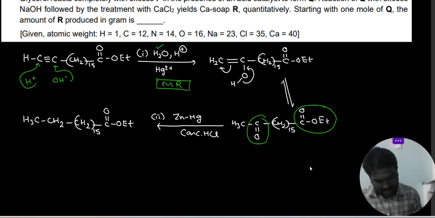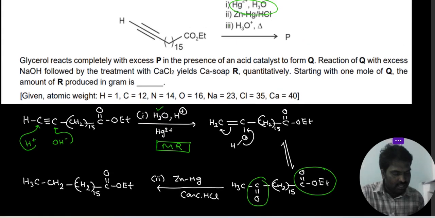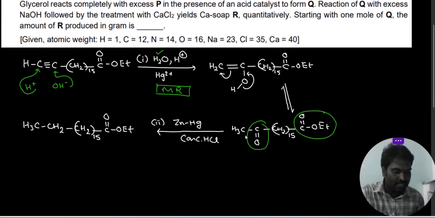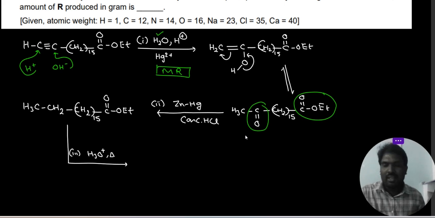This is Clemmensen reduction. Now the third reagent is acidic hydrolysis, H3O plus followed by heating. This is the third reagent. Clear?